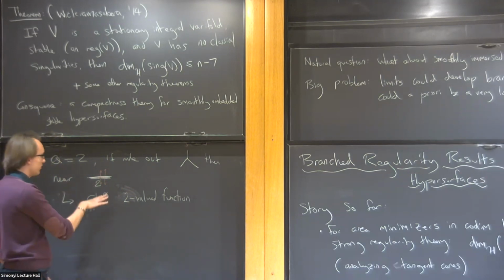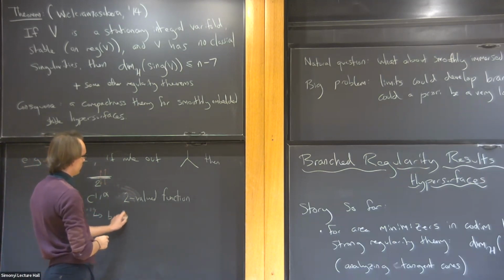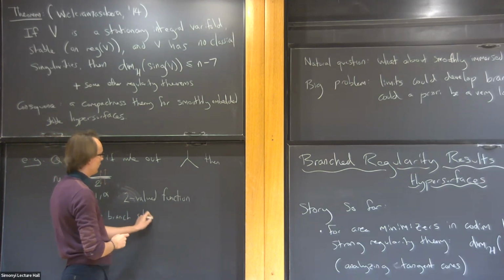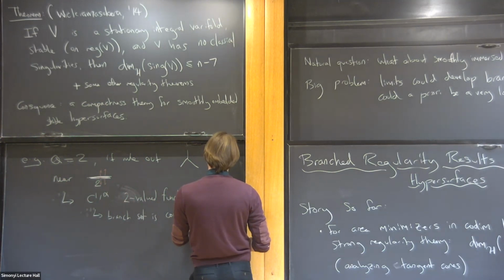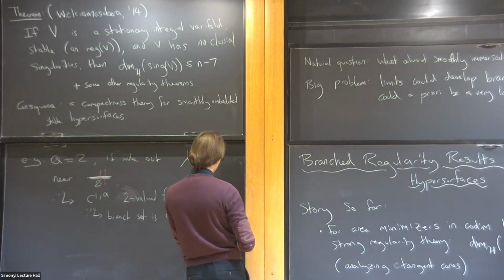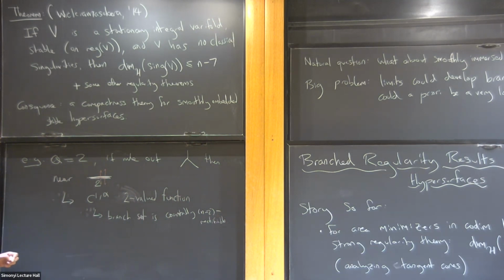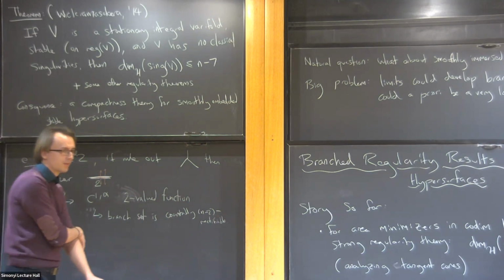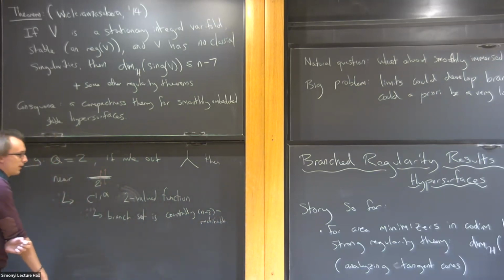So in this case, you actually know that the branch set is countably (n-2)-rectifiable. Just to clarify, you mean that the 2-valued plane is... Yeah, exactly.